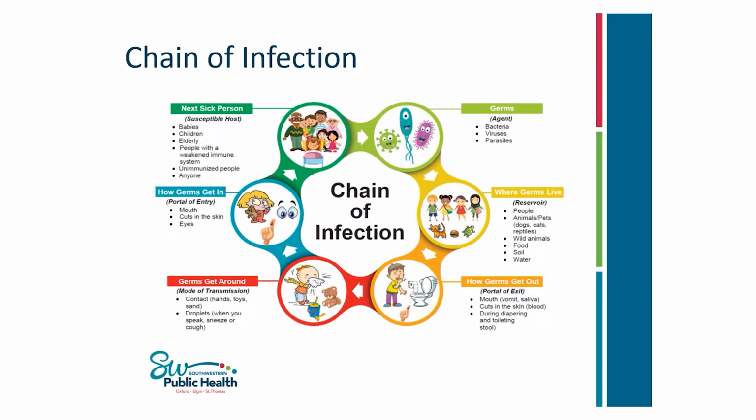And then finally, the sixth link is we need a susceptible host. And so that is the next sick person. So we do see a lot of our guidance target for vaccination for COVID, target the elderly, targets those that are immunocompromised, as well as infants who are unable to protect themselves.